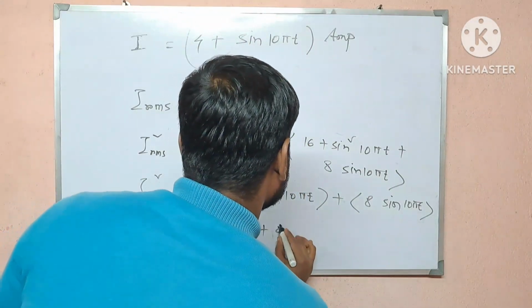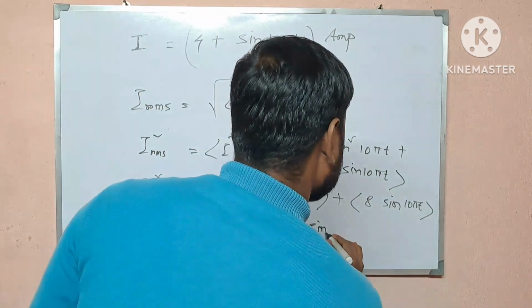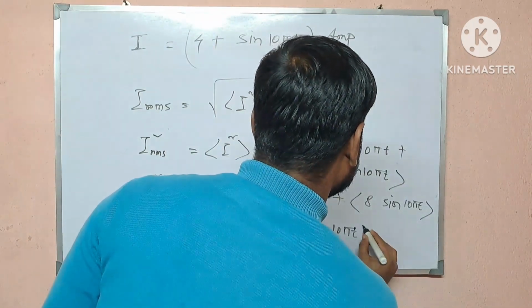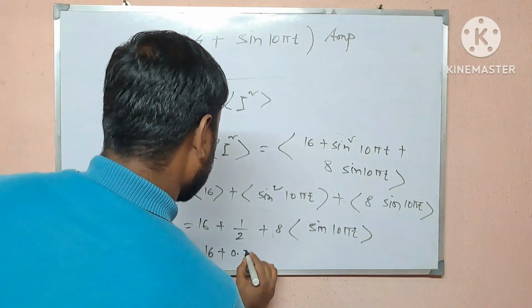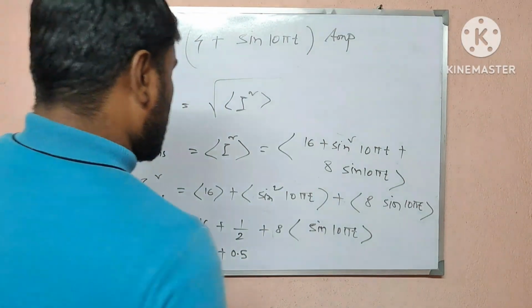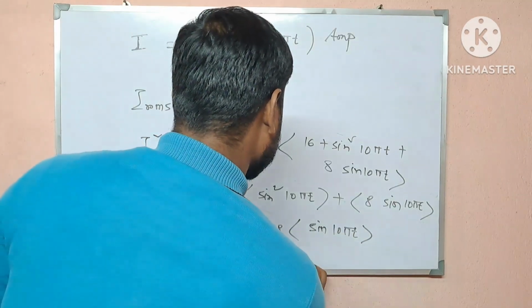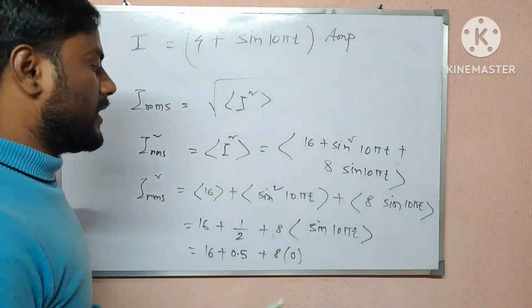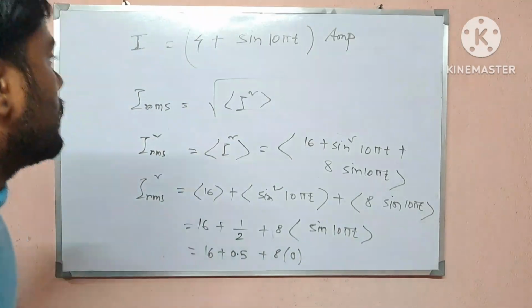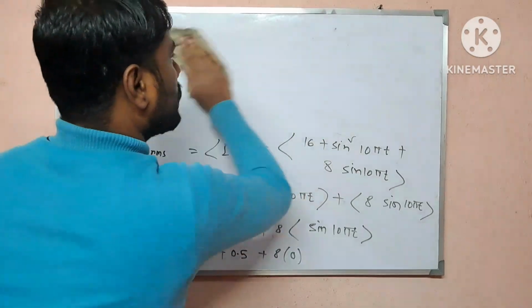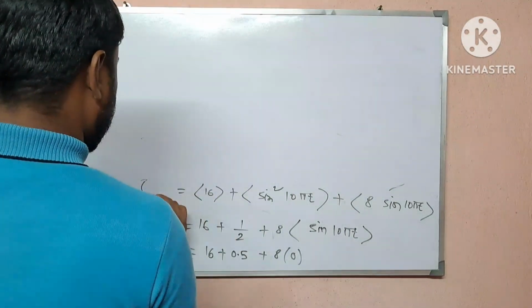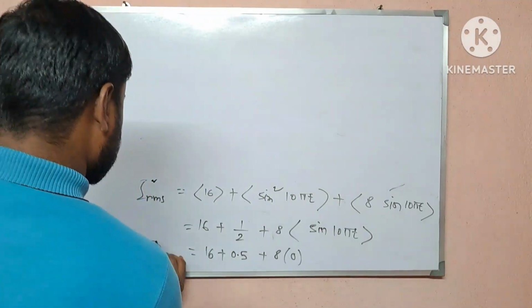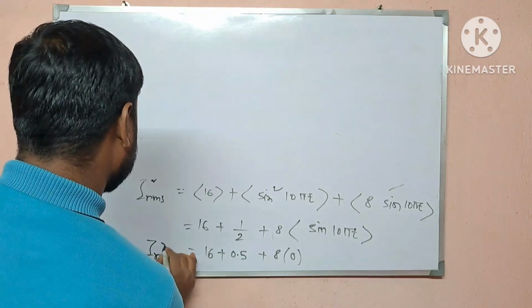Now 8 is constant, so 8 will come out, and the factor will be sine 10 pi t. So that will be 16 plus 0.5, and it will be 8 into 0, because the average value of the sine function in full cycle is 0. So this is IRMS square basically.